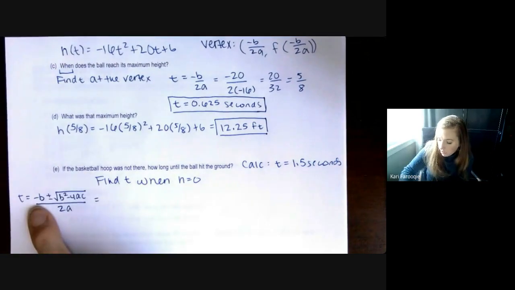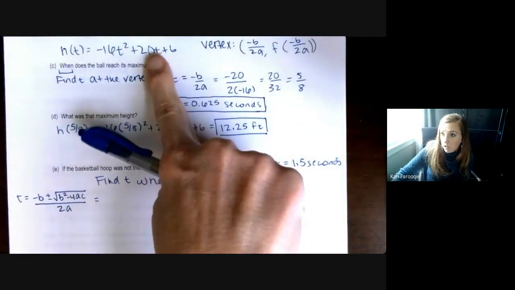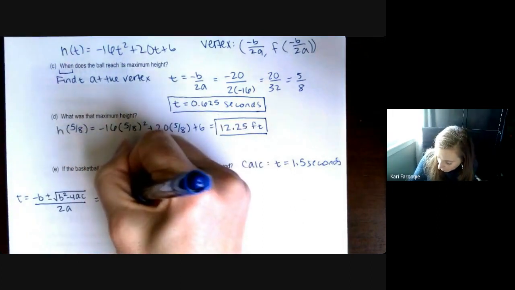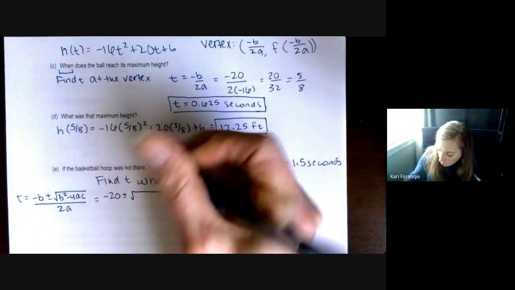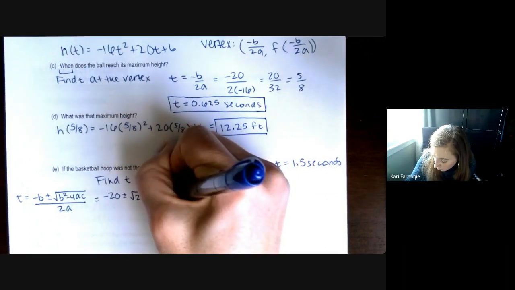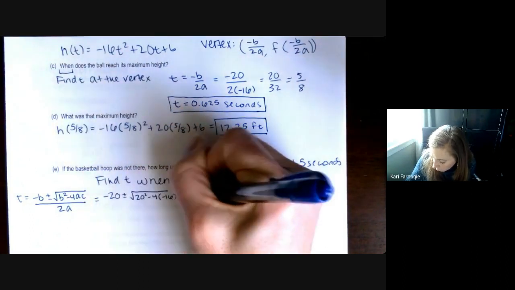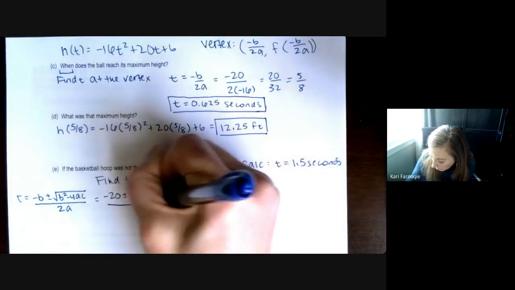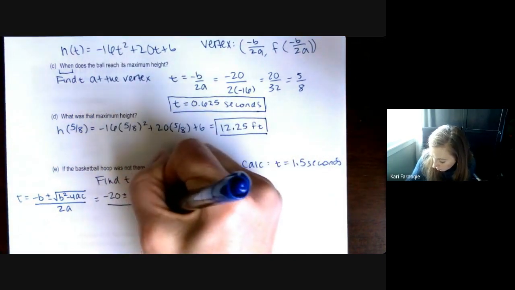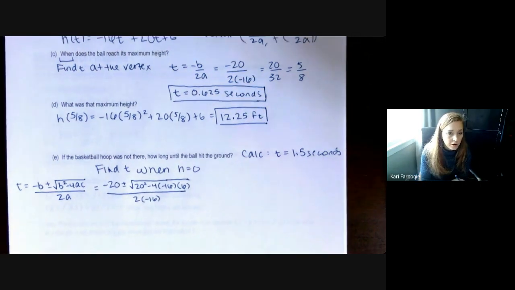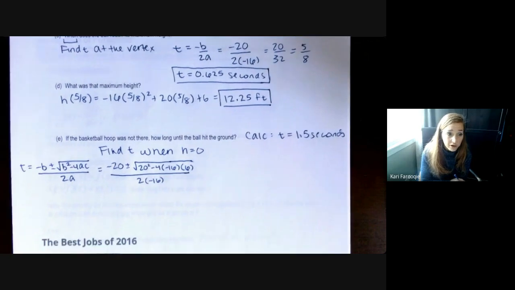So -b, I have your function up here, is -20 plus or minus the square root of b squared, so that's 20 squared, minus 4 times a, which is -16, times c, which is 6, all divided by 2a. The reason I think the quadratic formula can be harder for students is because of the simplifying.